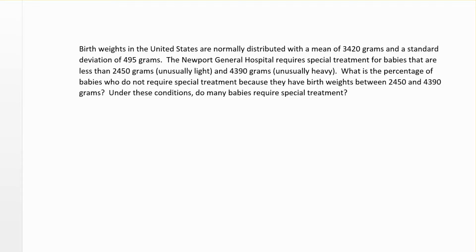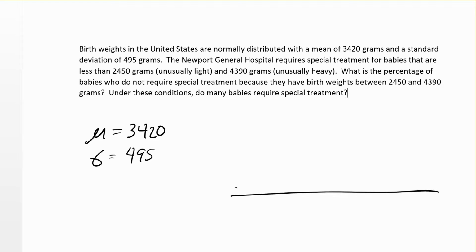So for our problem, we have a mean of 3,420 grams, a standard deviation of 495. What we want to do is get two separate z-scores. We want to know our unusually light babies, that is a weight of 2450, so we want the z-score associated with that one. And our unusually heavy babies that weigh 4390, so we want the z-score associated there.